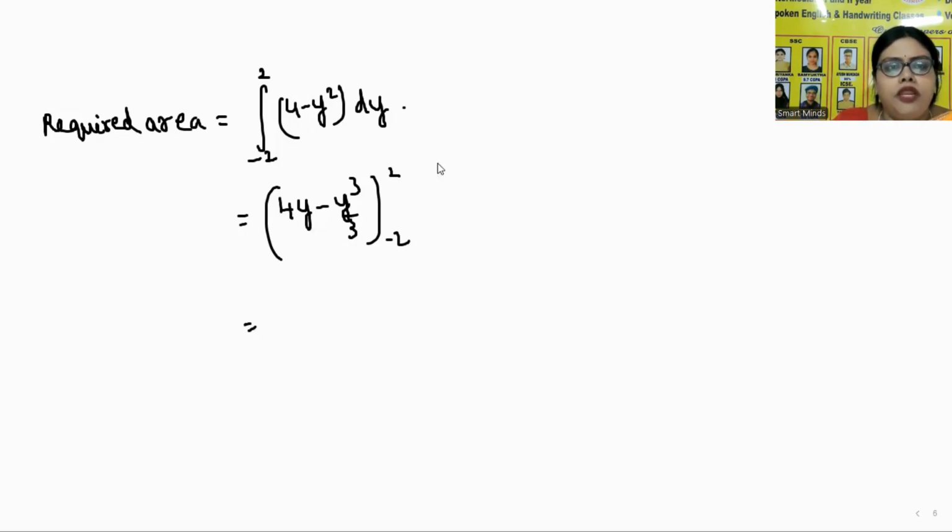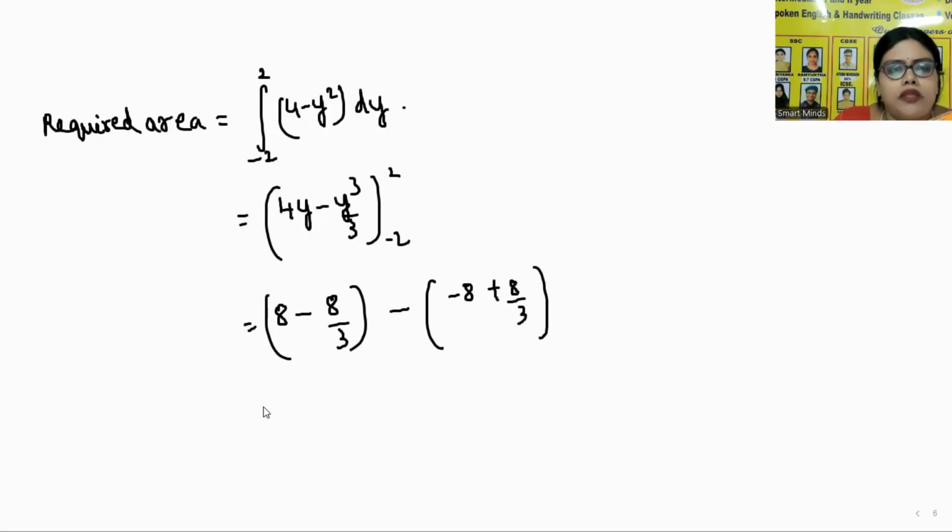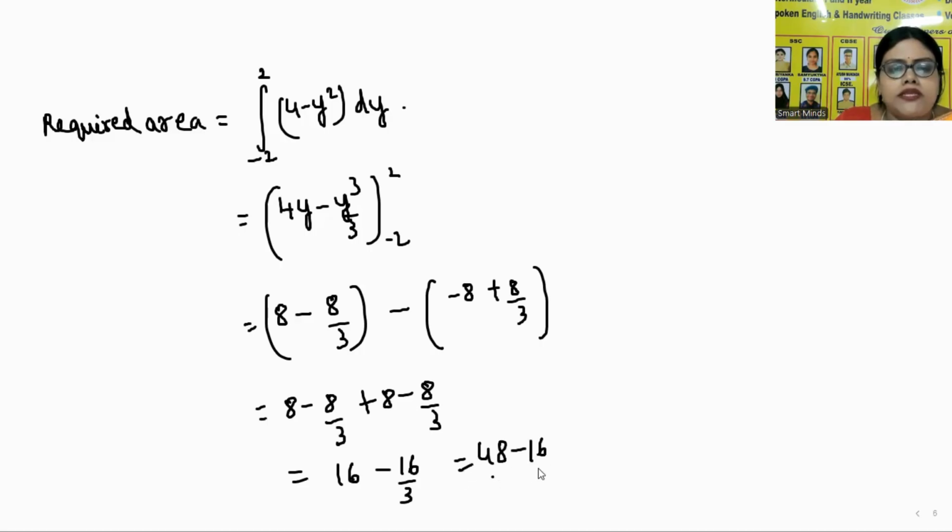So 4 into 2 is 8 minus 8 by 3 minus, now 4 into minus 2 is minus 8, minus 2 whole cube is minus 8. Minus into minus will become plus 8 by 3. So that is 8 minus 8 by 3 plus 8 minus 8 by 3. 8 plus 8 is 16 minus 16 by 3. 48 minus 16 by 3, that is 32 by 3 square units.